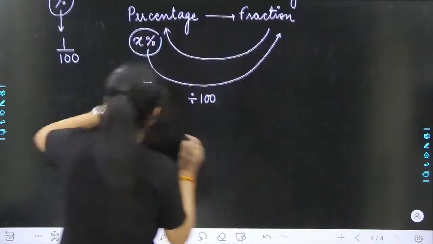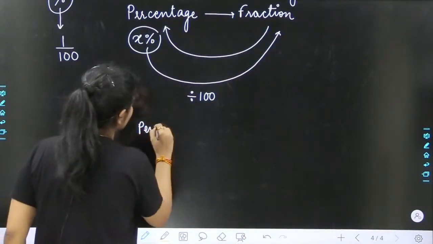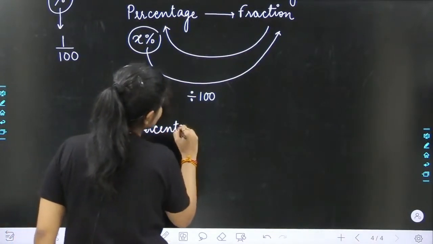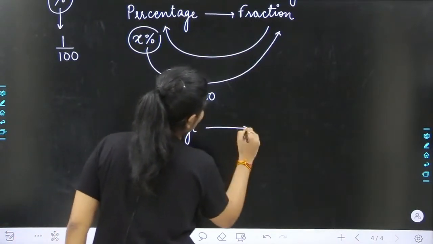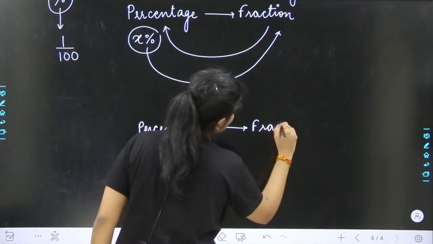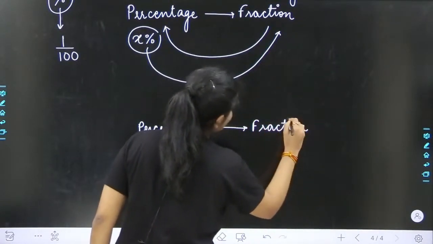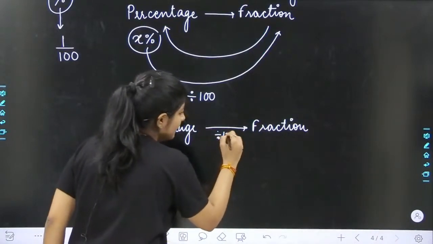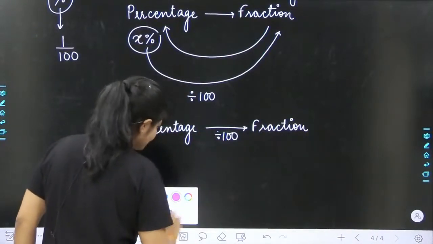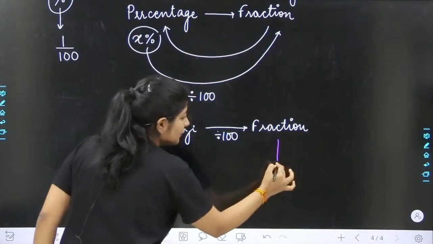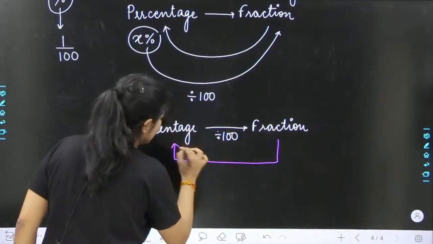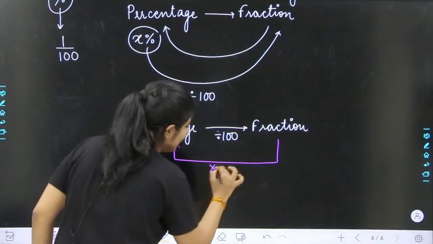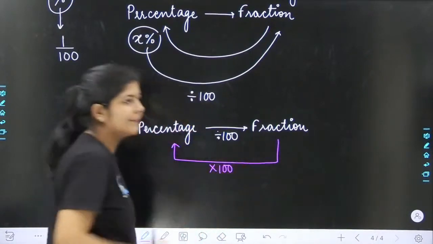Please note this down. Whenever we have to convert a percent into fraction, we simply divide the given percentage by 100. But when we have to convert fraction into percentage, we simply multiply the fraction by 100.